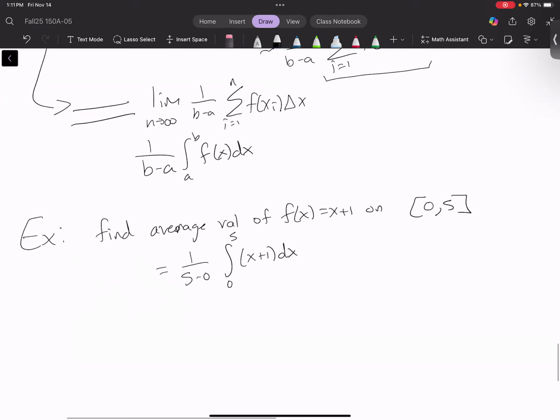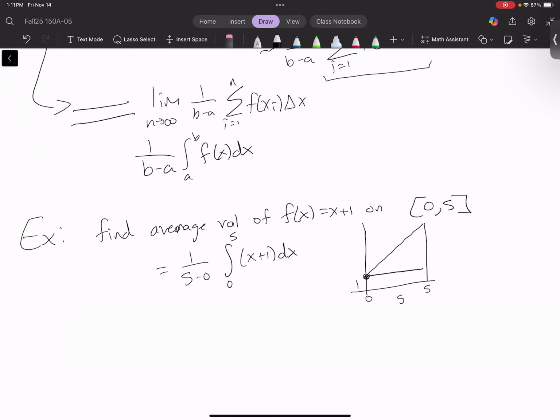Okay. Now again, we can draw the picture of x plus 1. So y-intercept 1 and then it's x. Okay, and then our interval is 0 to 5. So we need to find this area. That's going to be our integral. So just like before, we can cut it. So this is a rectangle of height 1, because that's where my y-intercept was, and width 5.